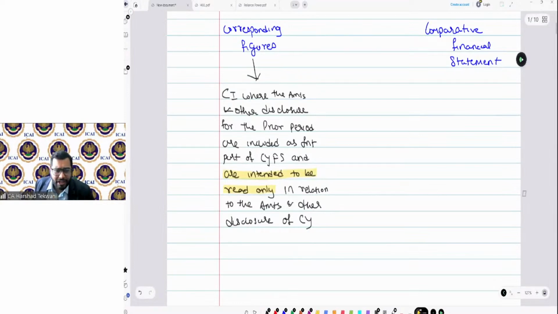Now, why I am emphasizing this, I'll tell you when I explain the definition of comparative financial statement.